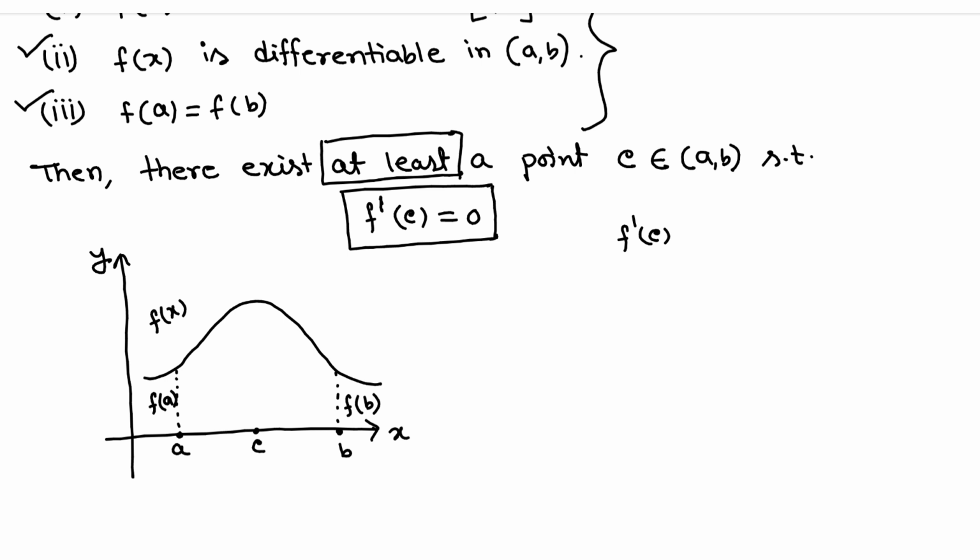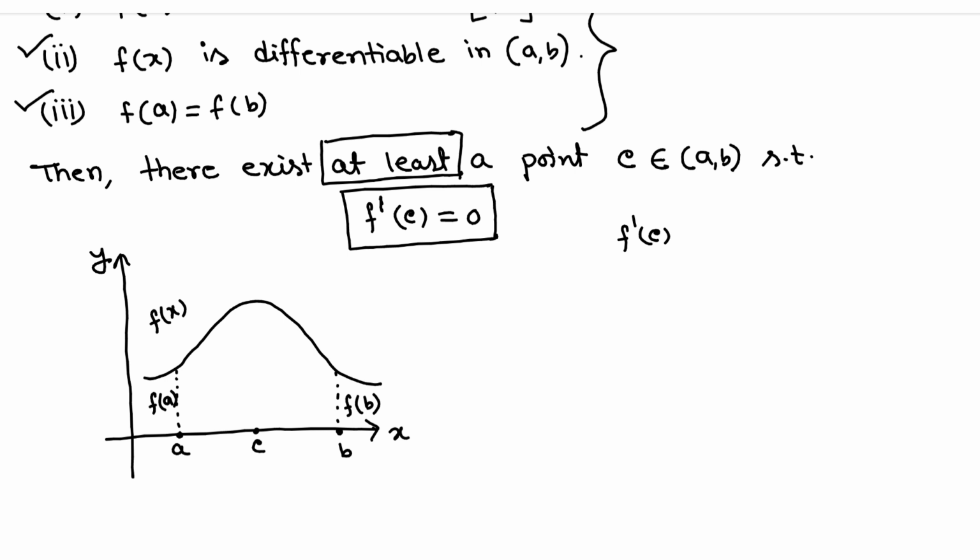In class 11 or 12, when we have to find the tangent of a function, we derive the function, the first derivative of the function, then we can calculate the tangent. This is the same process. F dash c represents the tangent of the function f at the point c.